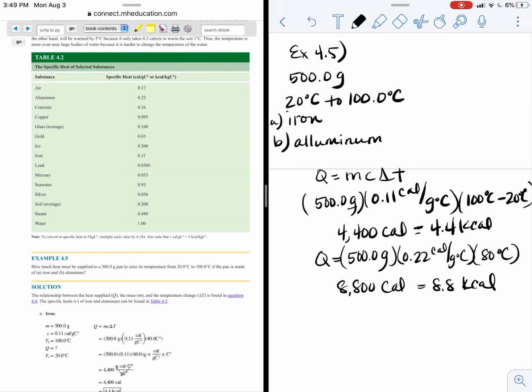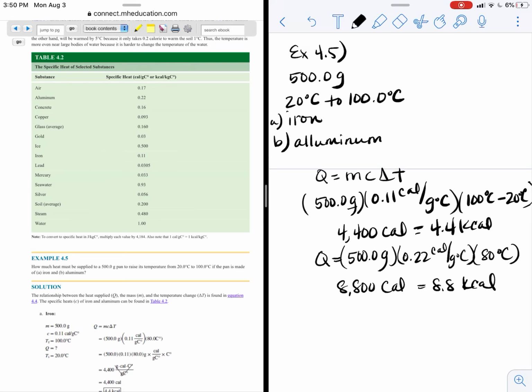Okay, so you don't really have to have as much heat when you're working with an iron pan as you do an aluminum pan. Why? Well, if you've ever cooked with an iron skillet versus a regular aluminum pan, they hold a lot of heat pretty quickly, so it gets hot really quick and it holds it.